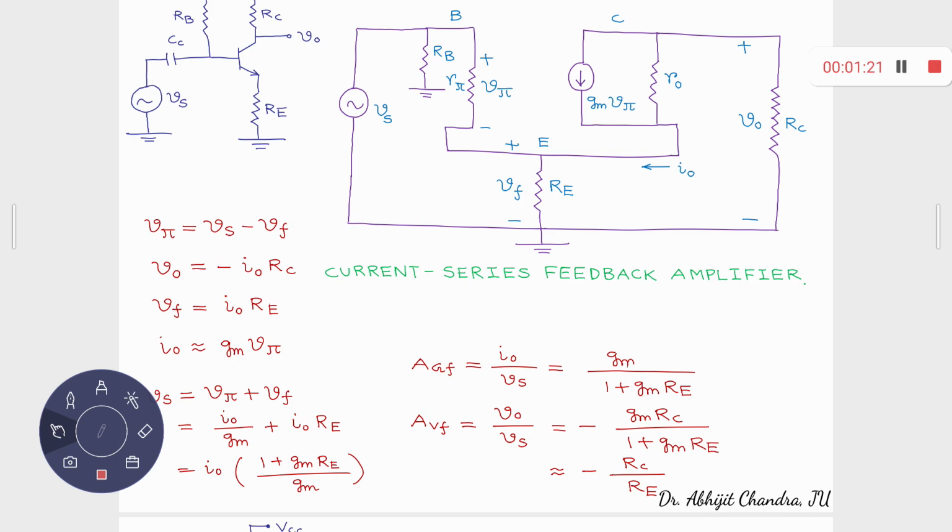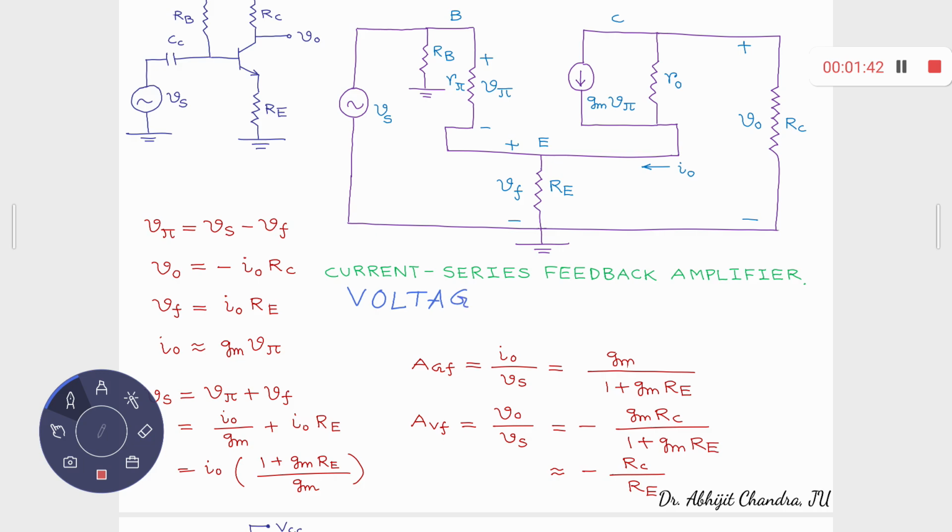Now the thing is that you have already identified that this feedback is represented by the sampling mixing topology. Sampling followed by mixing. First sampling, then mixing. Now we have already discussed voltage shunt.